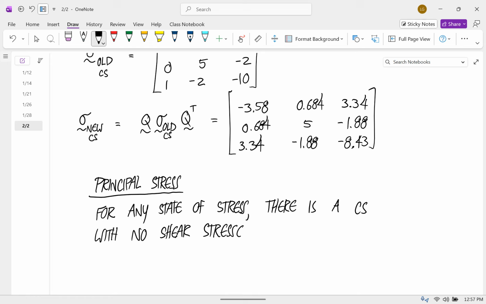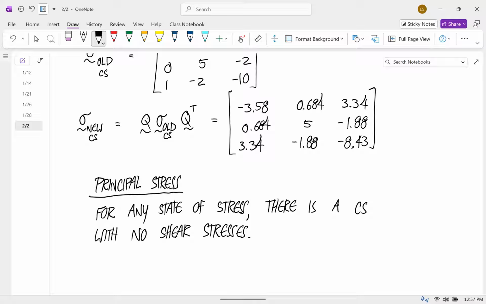We saw that when you change the coordinate system, normals turn into shears and shears turn into normals and all this stuff. But no matter what stress tensor you start with, there's some coordinate system where you can look at it where there are no shear stresses.